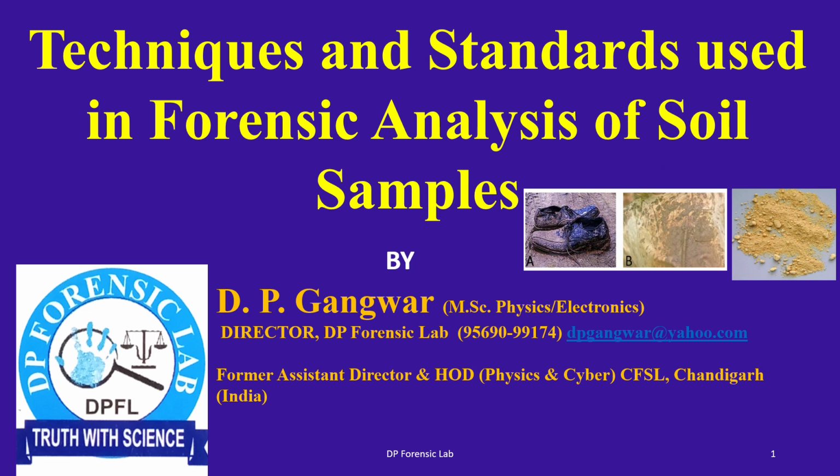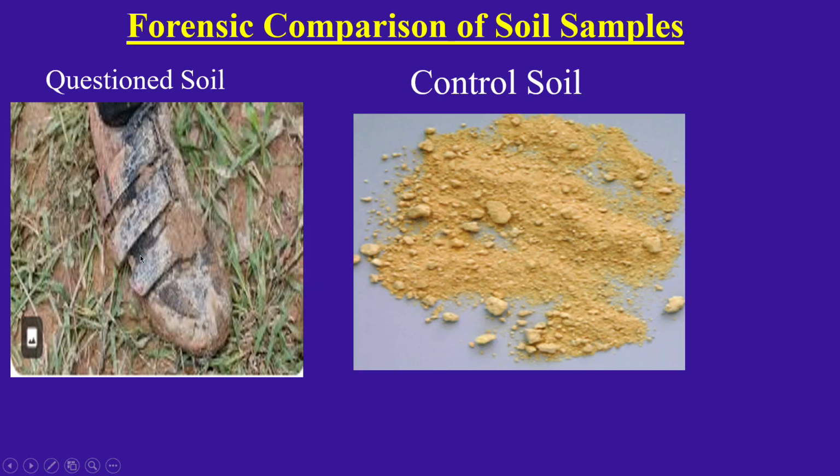As we know, we frequently need to compare two soil samples: one collected from the scene of crime, maybe from the clothes of the victim or any other source like tires, and one collected from a suspected place, to find whether these two soil samples are similar or come from the same source.